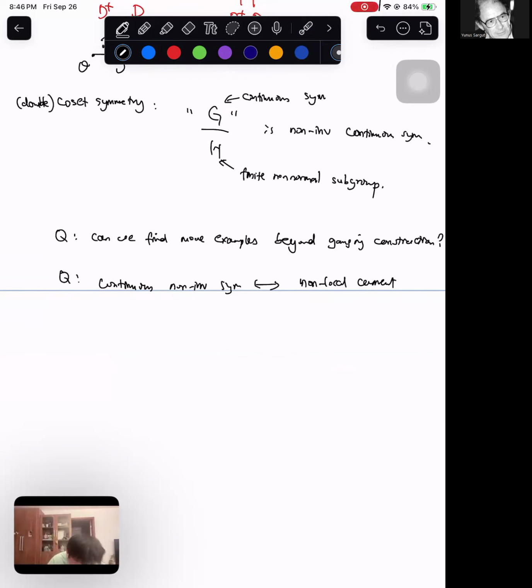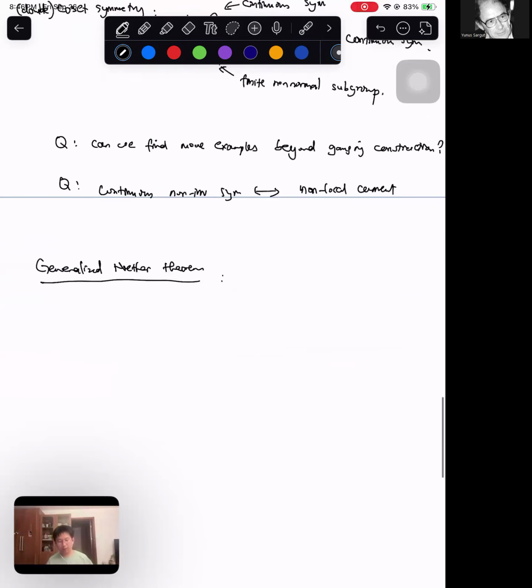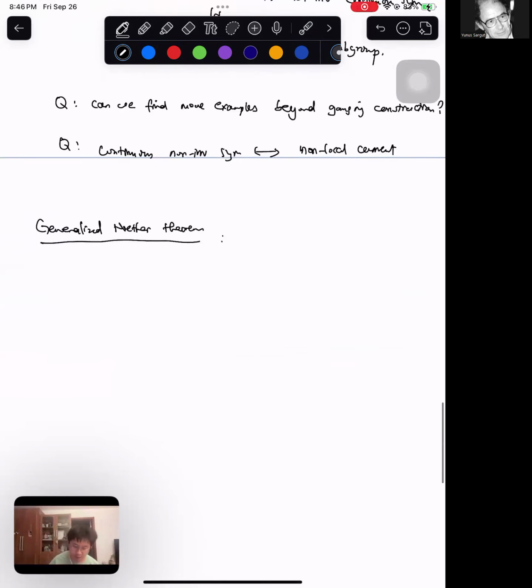Okay. So this is a generalized Noether theorem. All right. Now, in order to explain this correspondence, we just need to explain the arrow toward the right and the arrow toward the left.